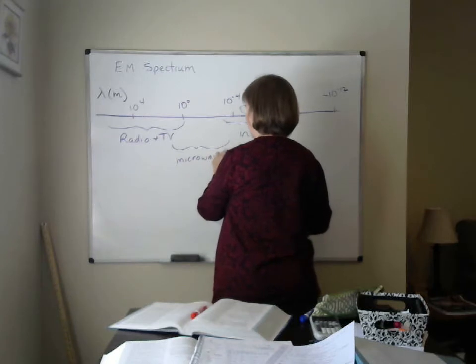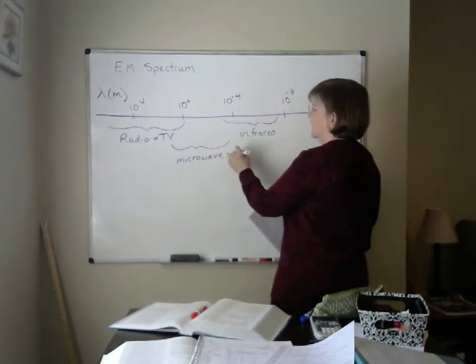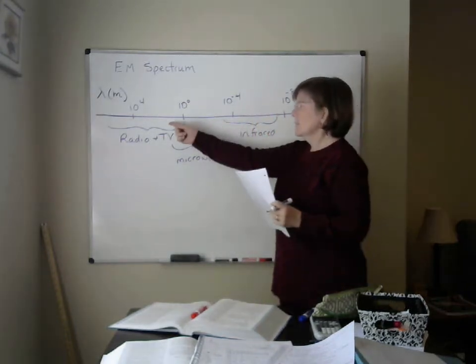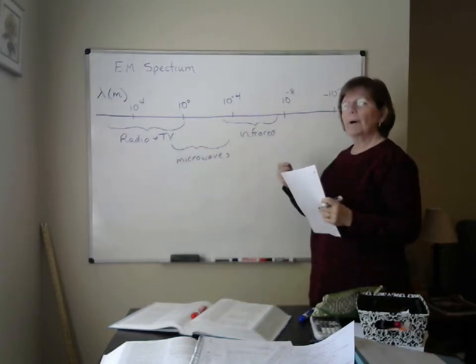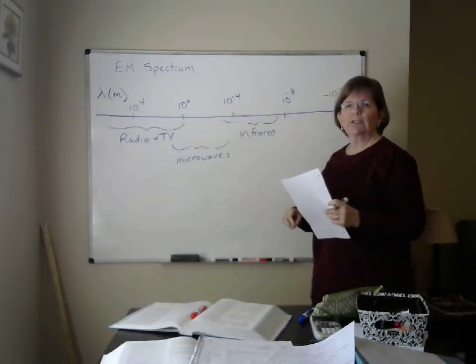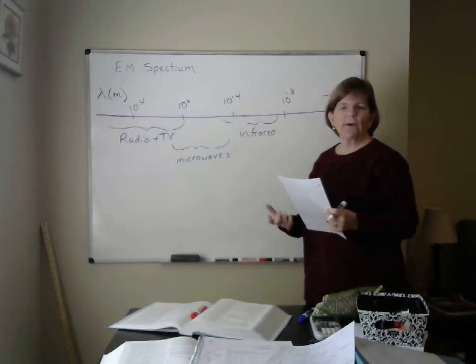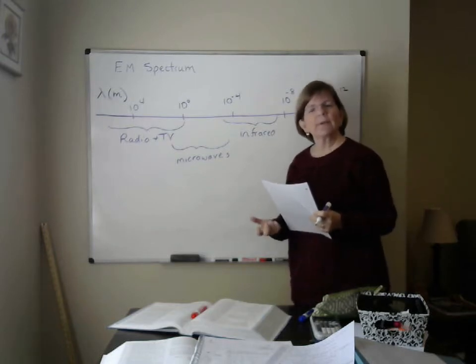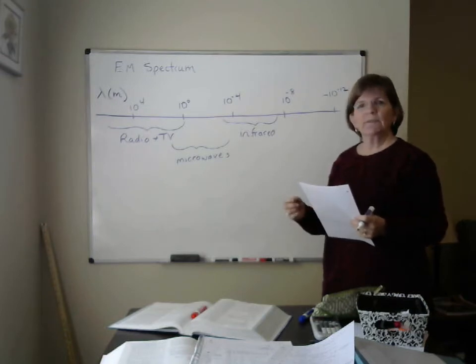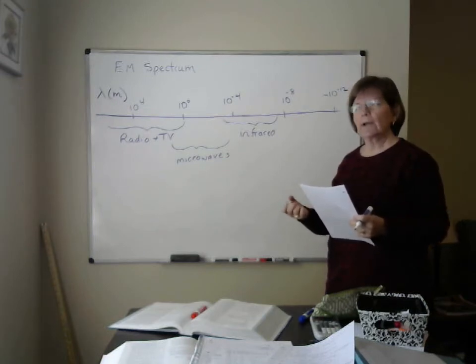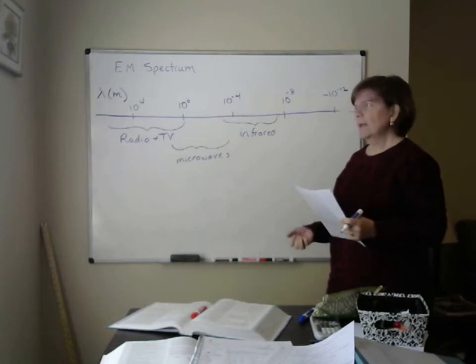So microwave radiation is not as long a wavelength as radio waves, but the next shortest. Microwaves have lots of applications. Obviously, we use them for microwave ovens, but other applications include cell phone towers. All of the cell phone signals are broadcast using microwave radiation.